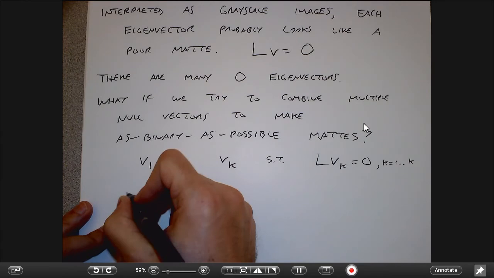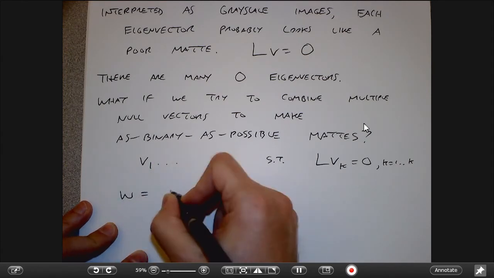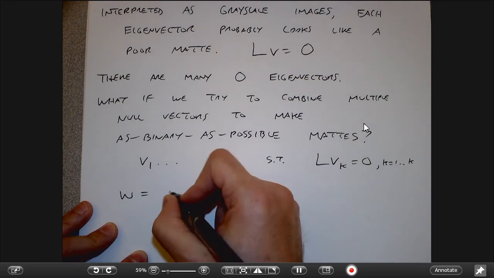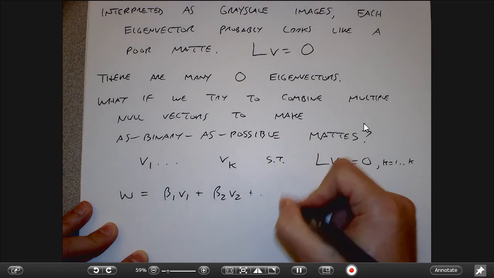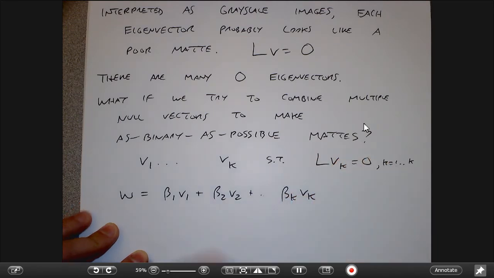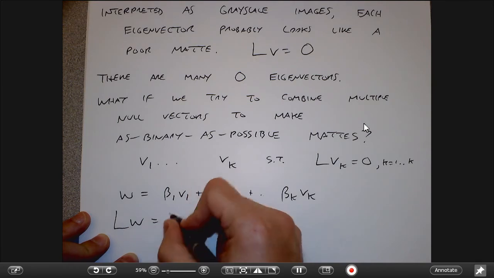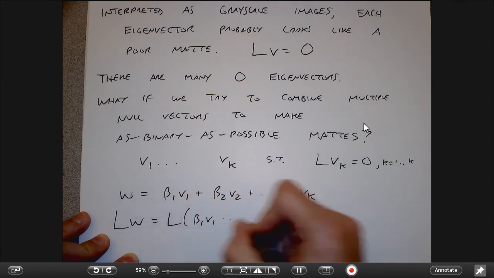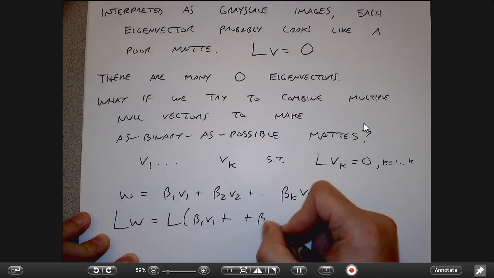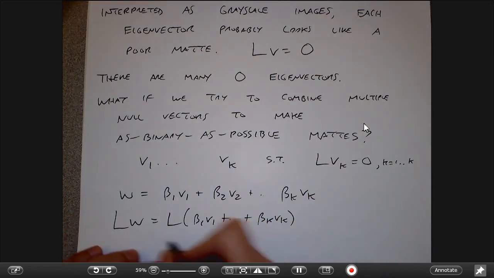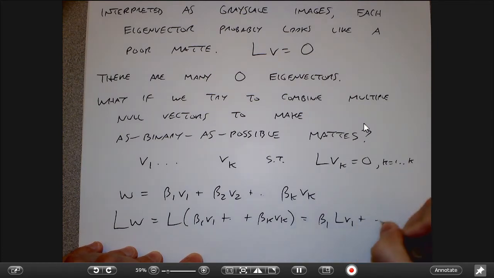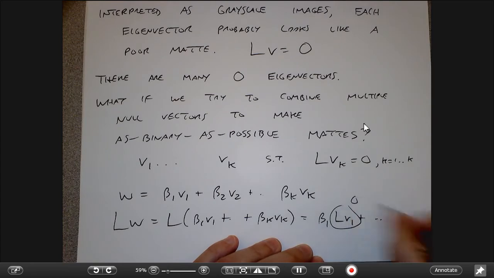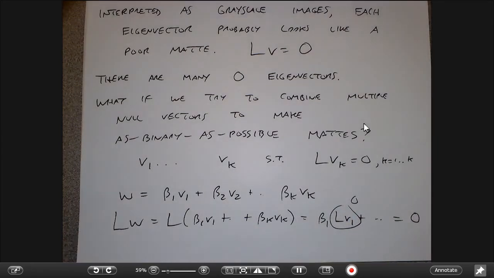If I take some new W equal to beta 1 times V1 plus beta 2 times V2 plus beta k times Vk, and look at LW, it is still going to be zero, because I get beta 1 times LV1 plus and so on, and each of these is 0. So any combination of zero eigenvectors is still going to be a zero eigenvector.